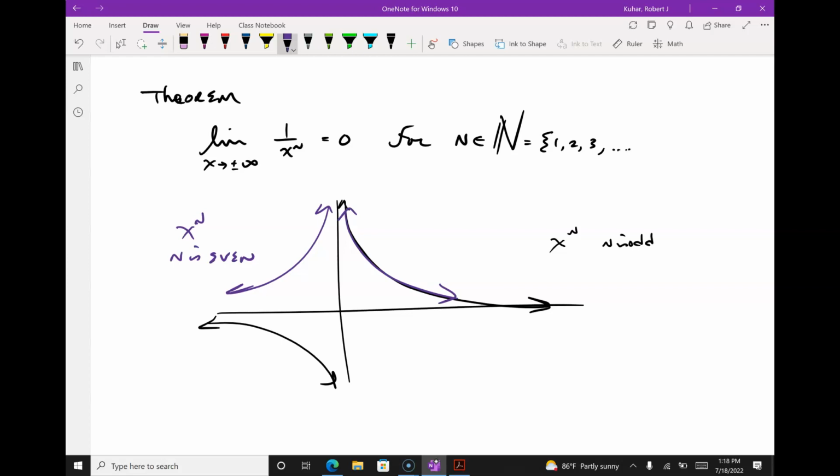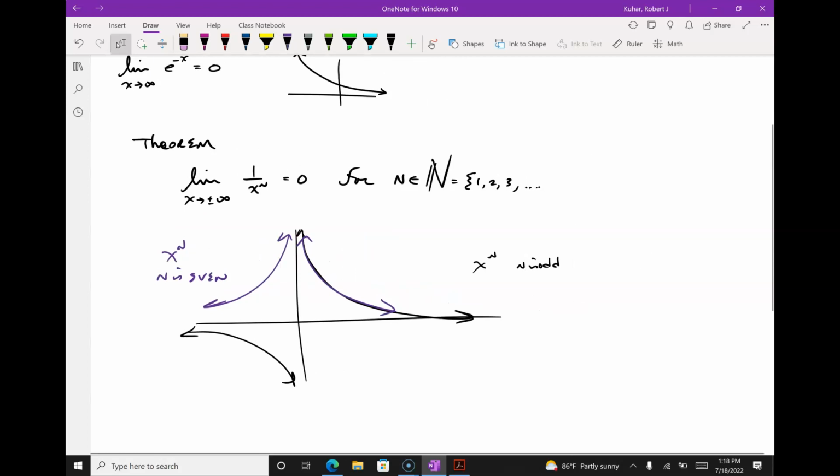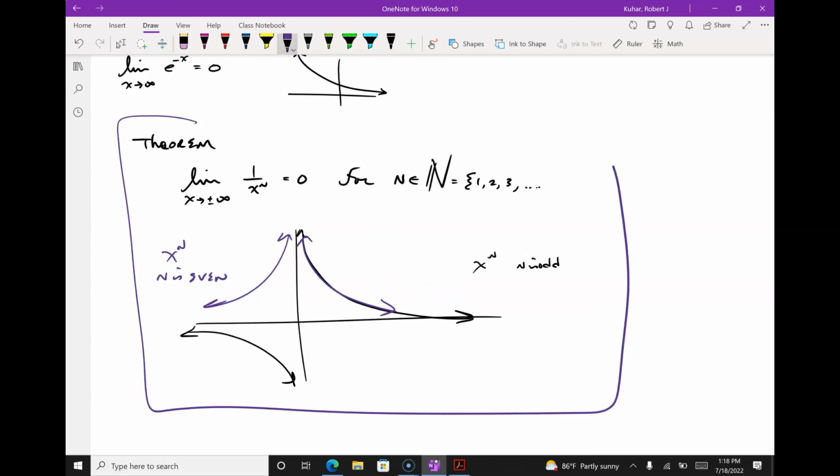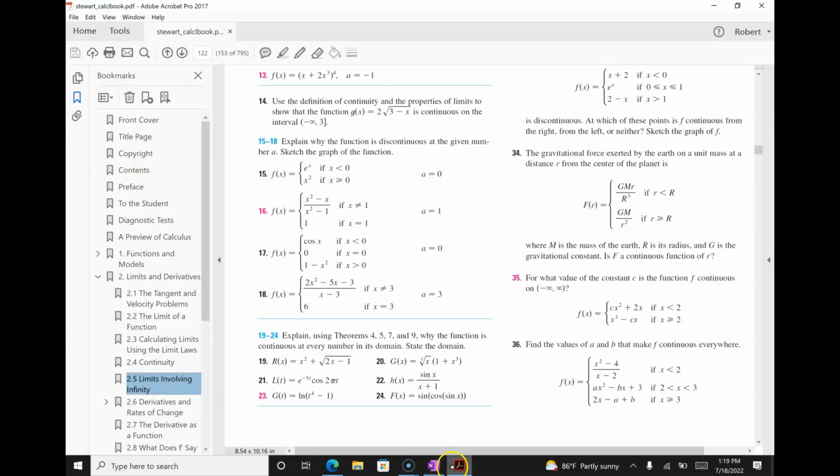Do you agree? Okay. So I'm going to use this particular theorem to show some limits at infinity that are algebraic. Okay? So let's go to the book.